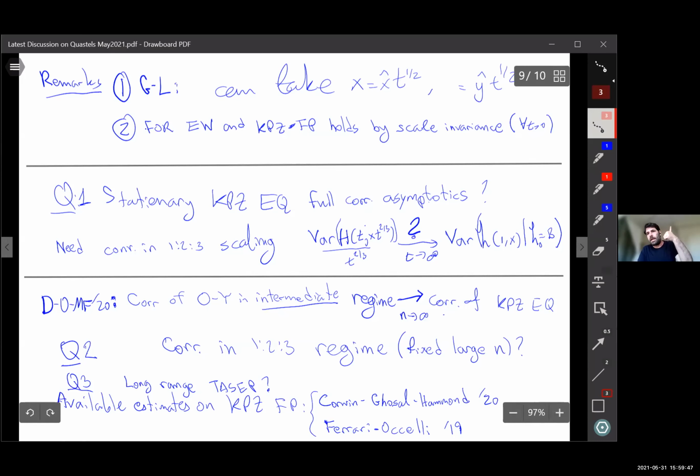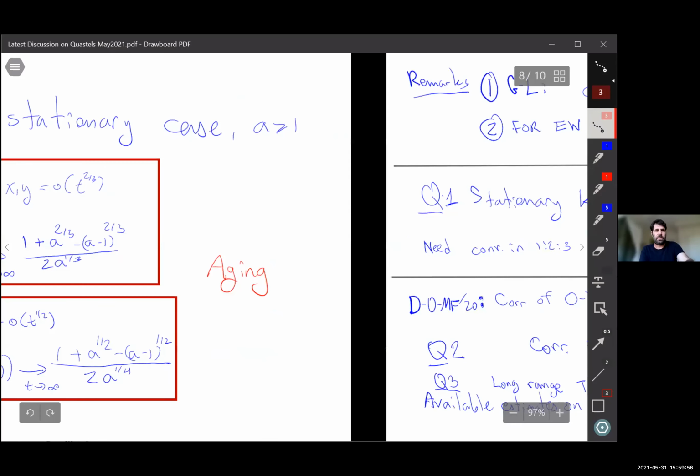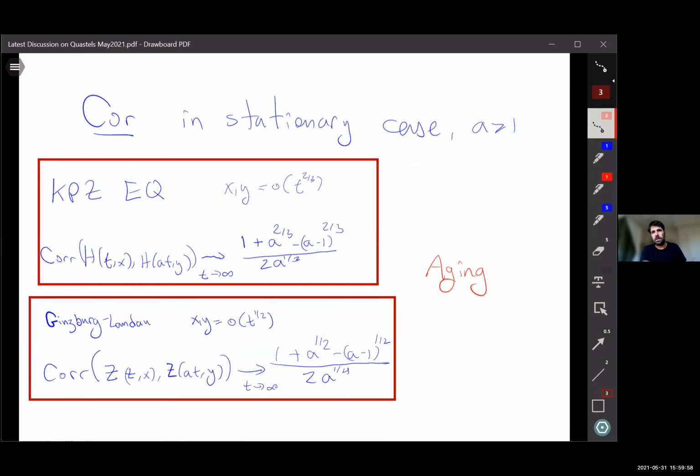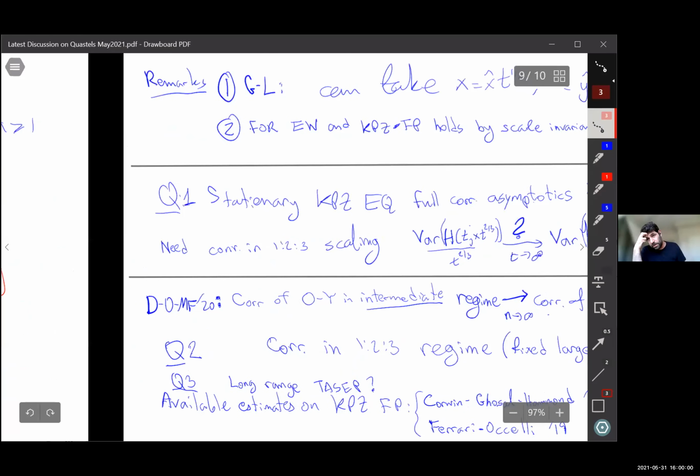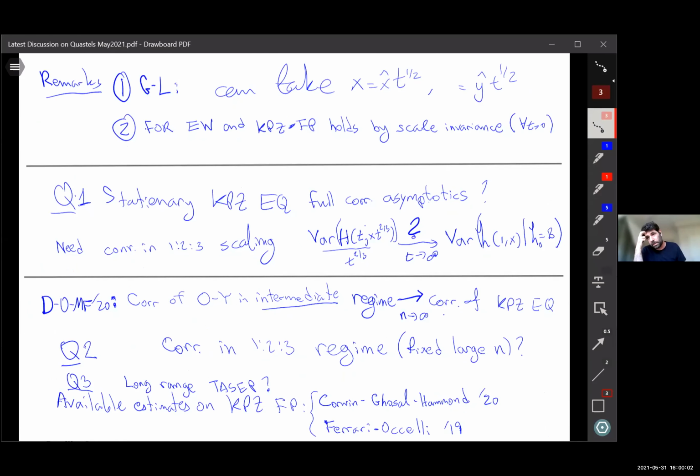So if you first take n to infinity and then time to infinity, with the right comparison as I presented here, then you have aging. The question is, can you do that for fixed but large n? And you get aging for already the O'Connell-Lior model.